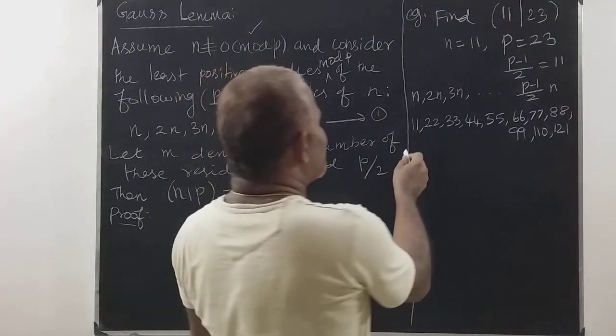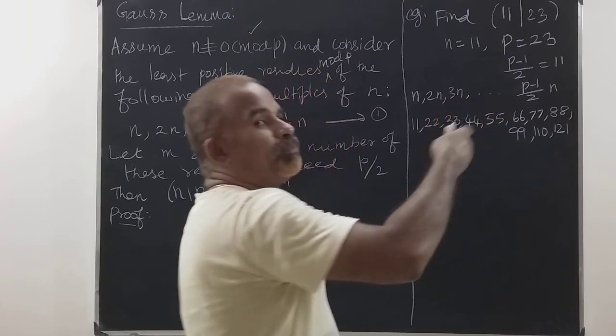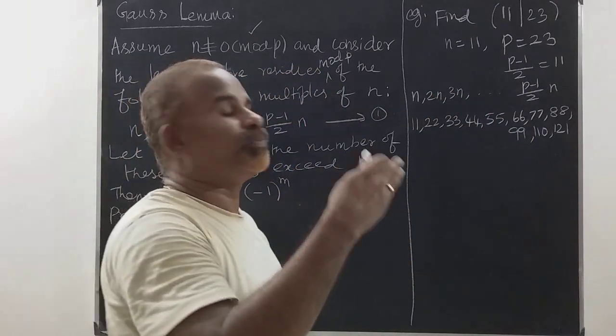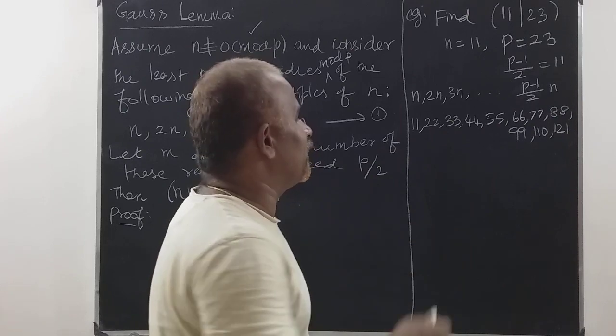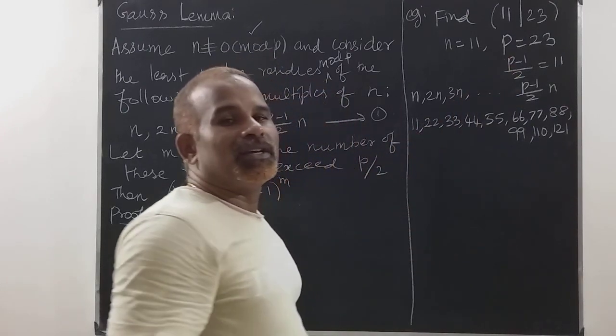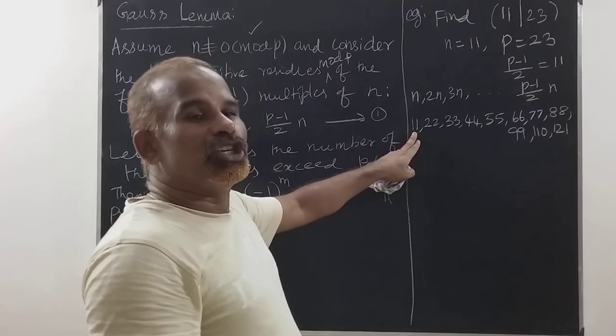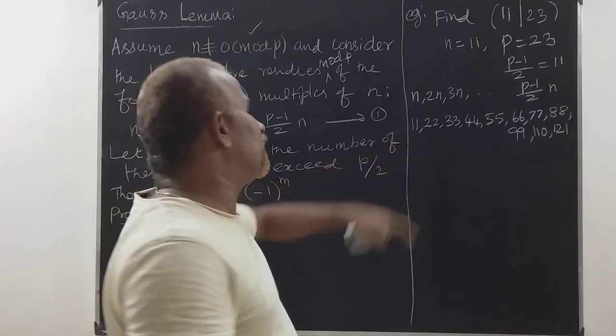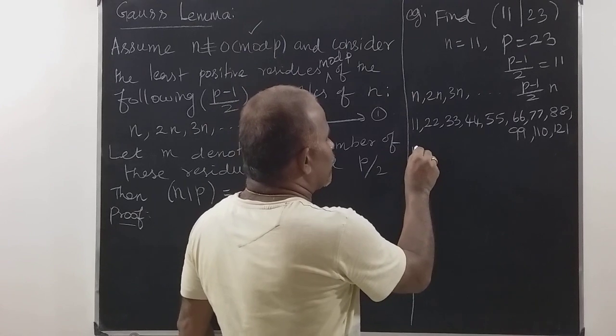So now we consider the least positive residues mod 23. When we divide 11 by 23, the remainder is 11. So we take 11.